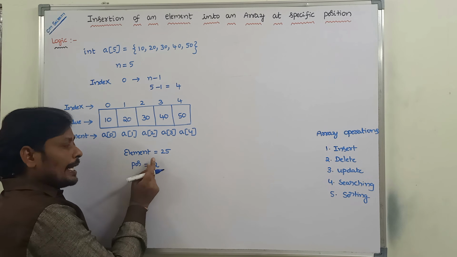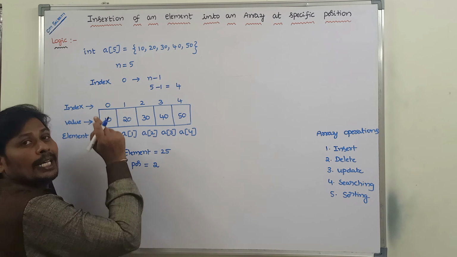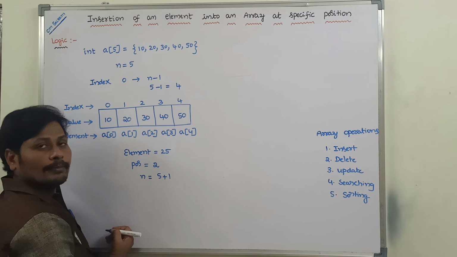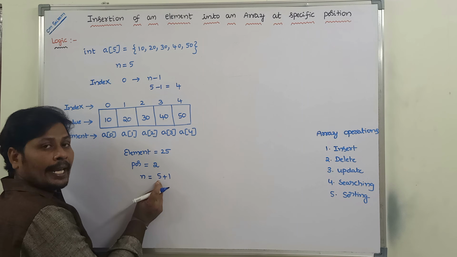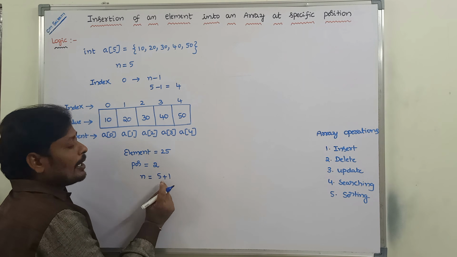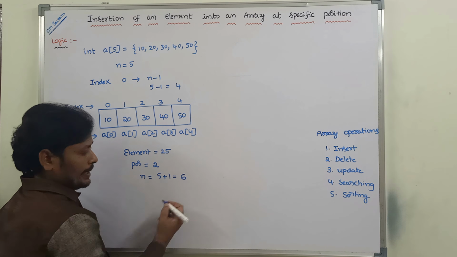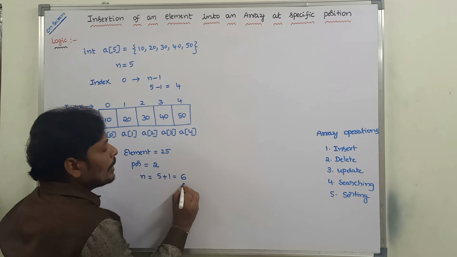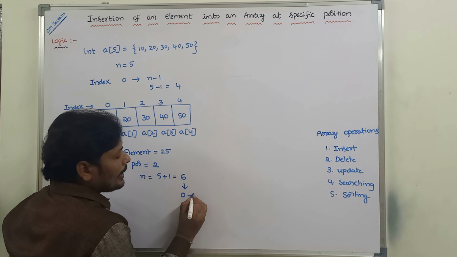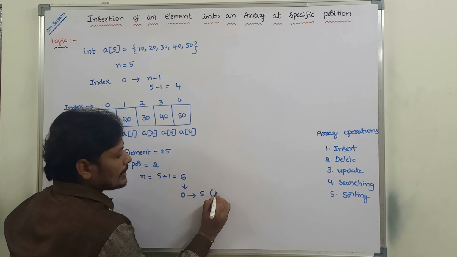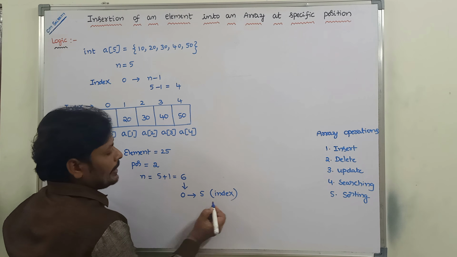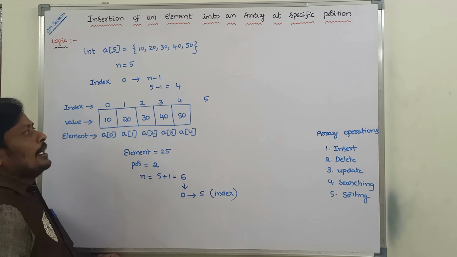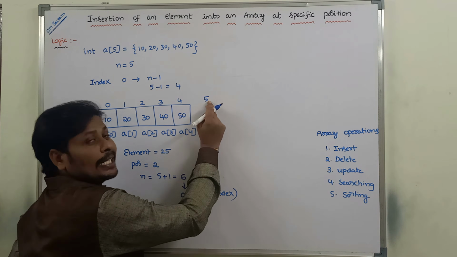After inserting this element into the array, the size of the array is incremented by 1. That is, the previous size of the array is 5, now it is incremented by 1: 5 plus 1 is equal to 6. Whenever the size of the array is 6, the index starts with 0 and ends with 5.